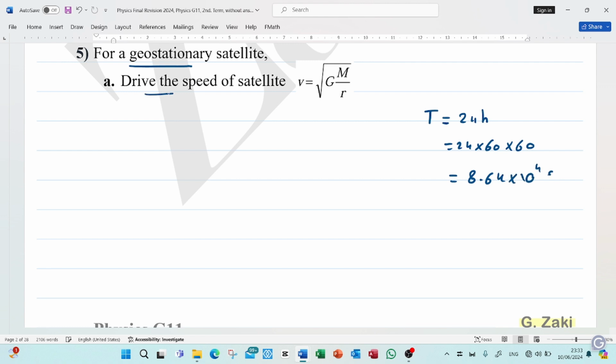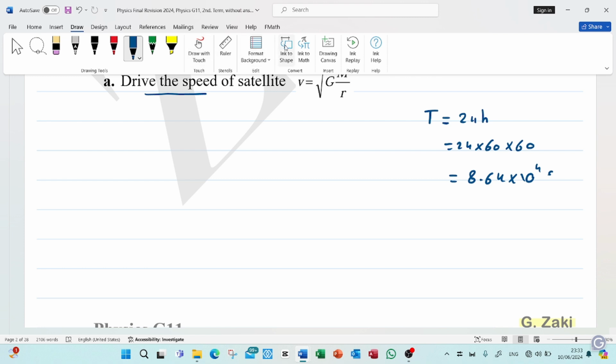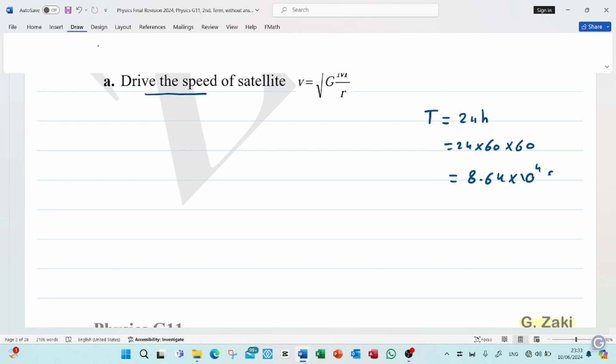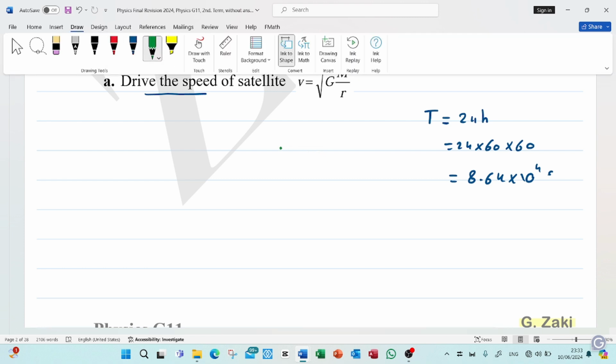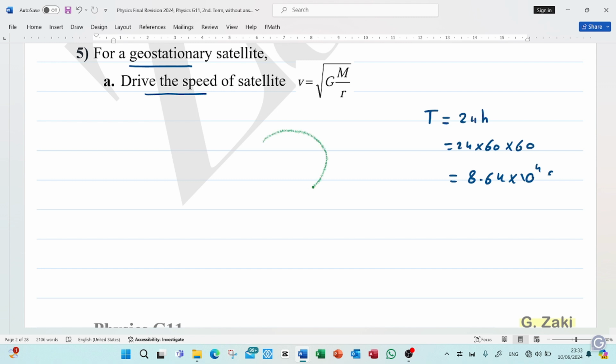Then we derive the speed of the satellite, V equals. Now, we need to derive this. Follow me. First, we draw here. This is the Earth here, and this is the satellite.